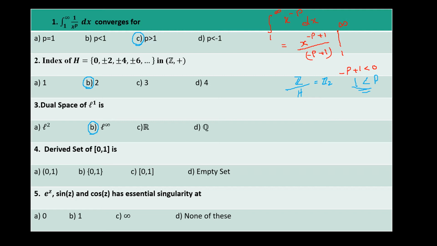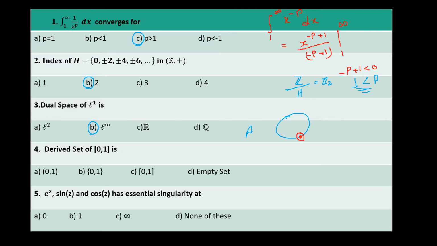And here the fourth question is about the derived set of the closed interval 0 comma 1. We know that the derived set is the set of all limit points. What we mean by a limit point is that if we have a set, something like this circular shape, then a point is a limit point if, however small a radius of a circle I draw about it, the circle will intersect this set.